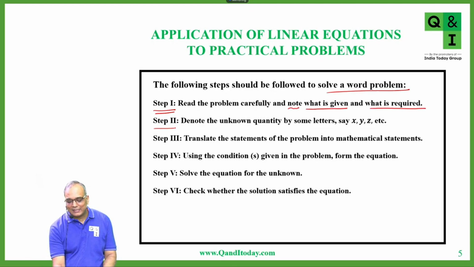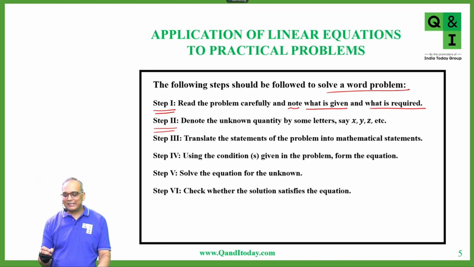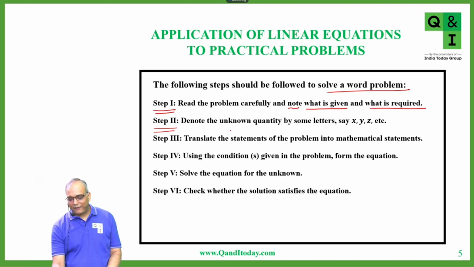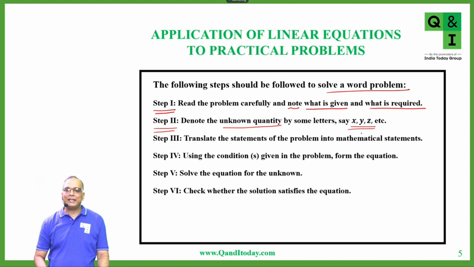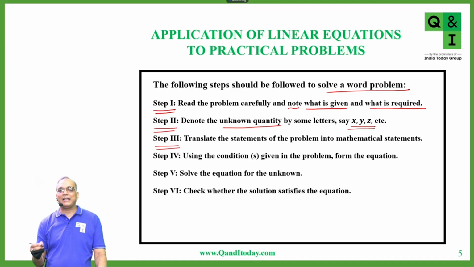Then step 2 is to denote the unknown quantity by some letter, say X, Y, Z. Whatever has been asked in the question, that is the unknown quantity, which you have to find after solving the linear equation. So you denote that unknown quantity by a variable X, Y, or Z. Step 3 is to translate the statement of the problem into a mathematical statement.